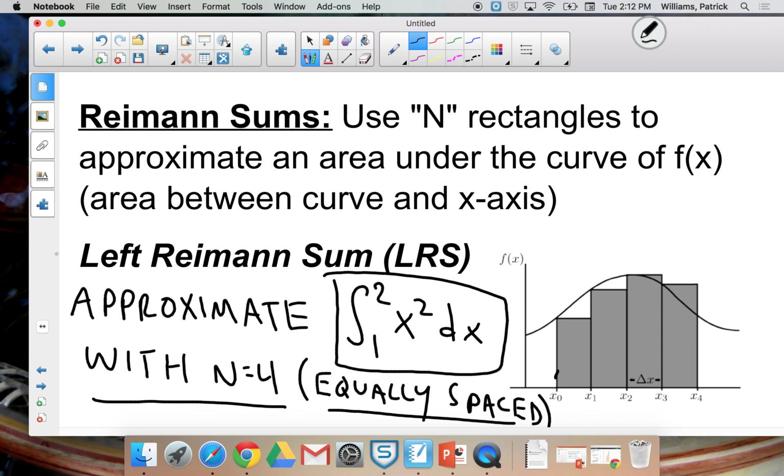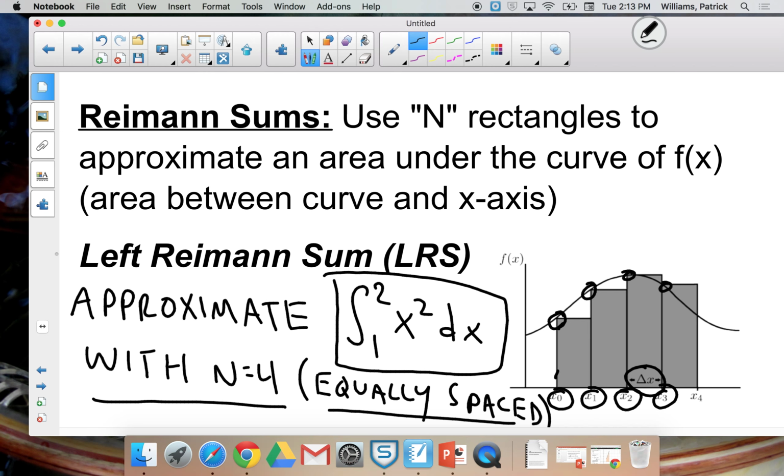So if we look at an example of a left Riemann sum, remember that the point at which the left corner of our rectangle hits the f of x curve is what dictates the height of our rectangle. In this case, our base is going to be delta x, which is the same for each rectangle. Our heights are going to be calculated by the leftmost x values of each of our 4 rectangles.